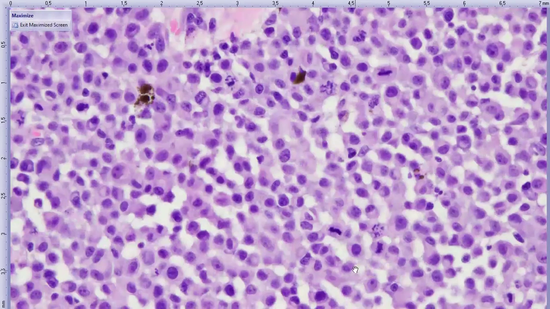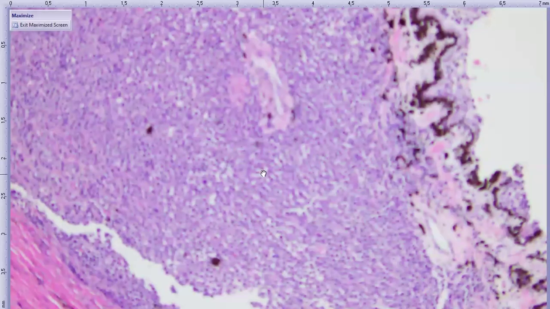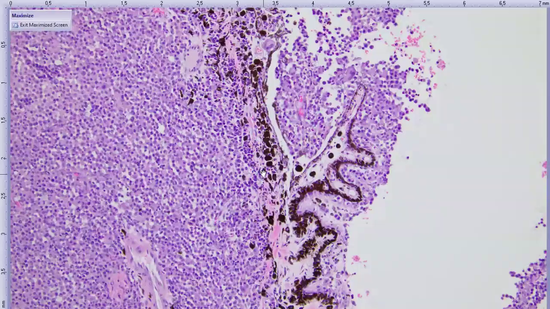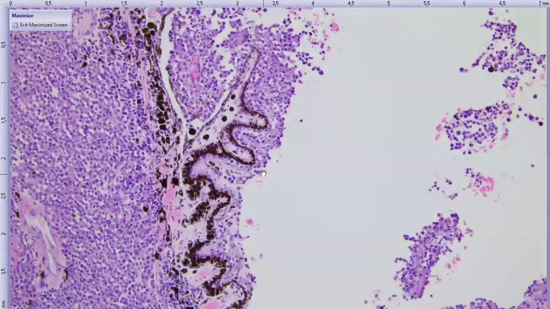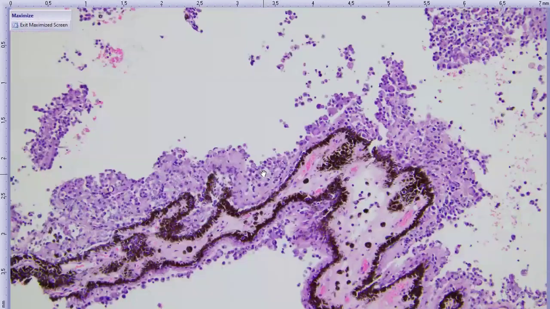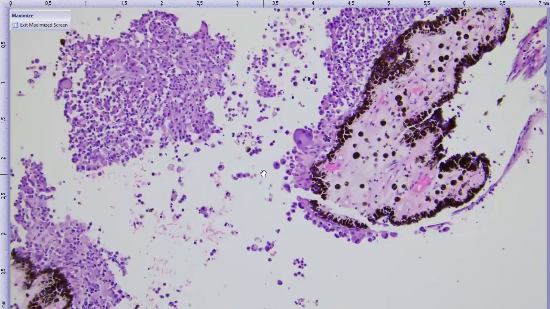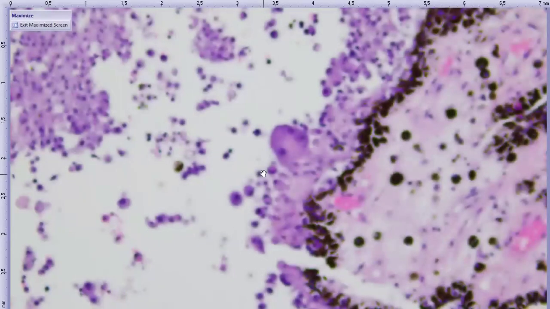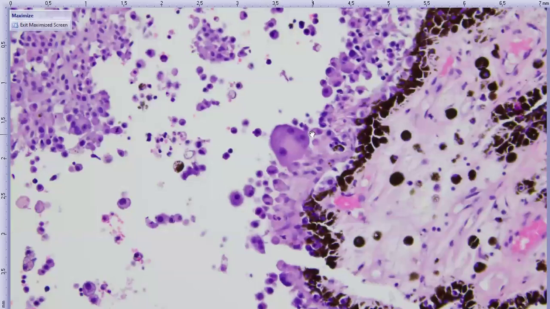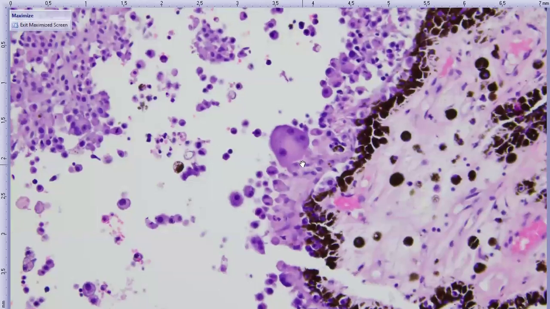Just scroll around. Here's some more. Some of them are a little bit bizarre looking. And so this material is facing the base of the iris. It's also lining ciliary body plicae. Here's a nice, again, pleomorphic, very multinucleated giant cell here.